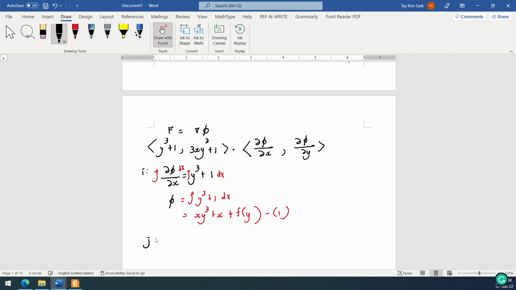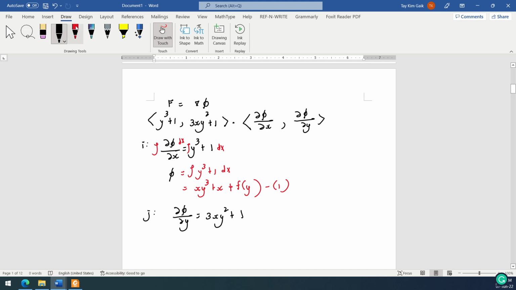Then from component j, del phi del y equals 3xy squared plus 1. Similarly, you can also obtain phi if you integrate with respect to y on both sides, because when integration meets differentiation, it cancels out. So phi is the integral of 3xy squared plus 1 dy.